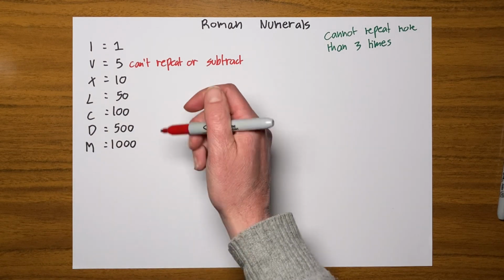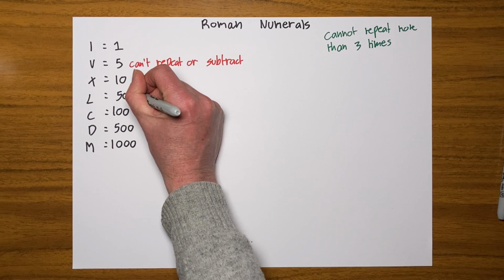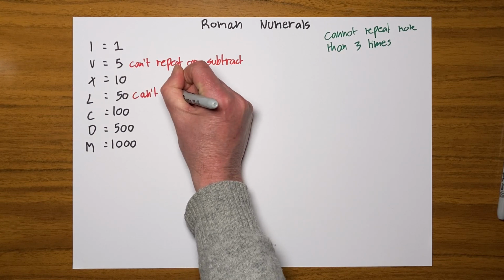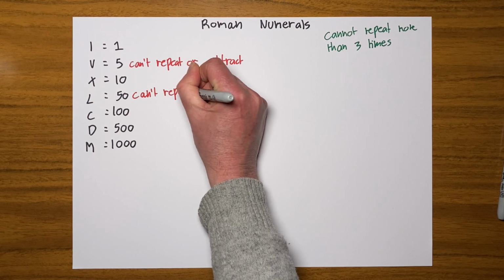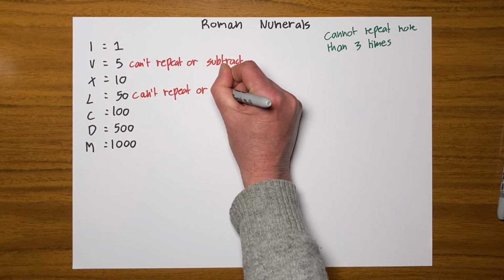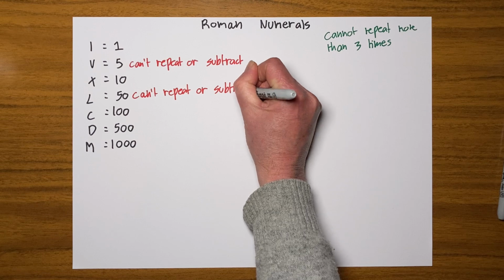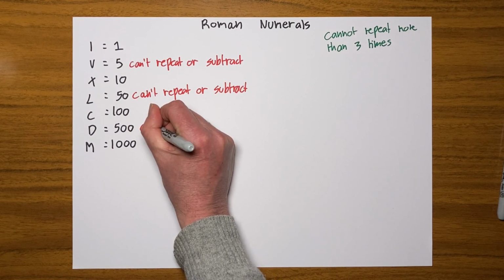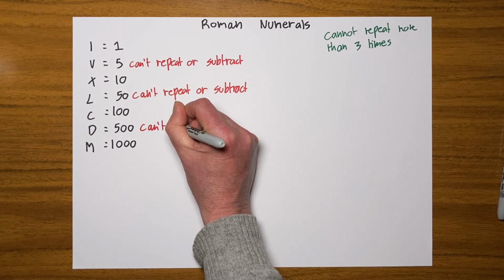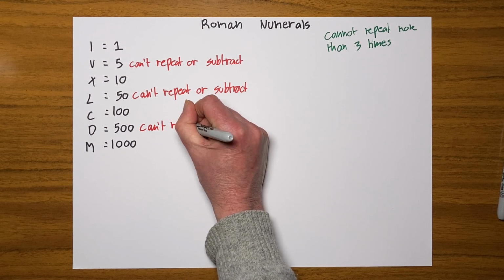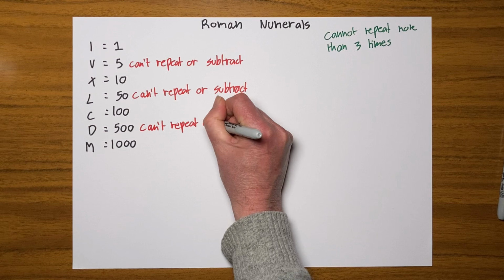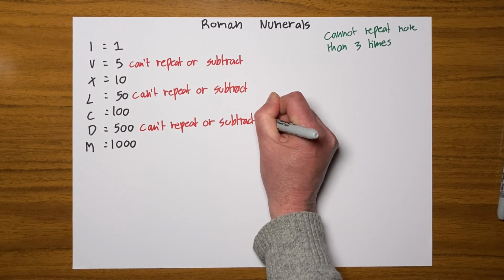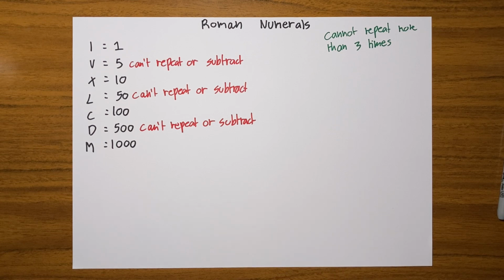I can't repeat or subtract, and the same with 50 and L. I can't repeat or subtract. And the same with 500. So just think of those multiples of 5. Powers of 5. I can't repeat or subtract those.